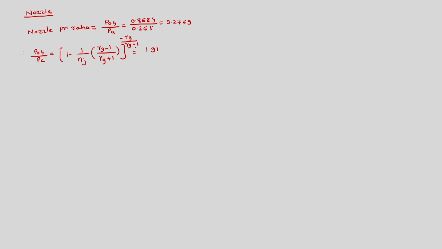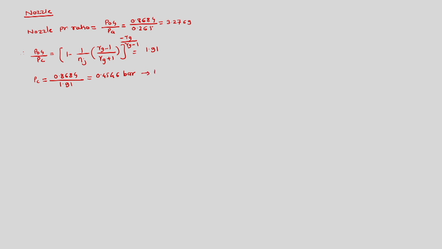We can compare these two ratios and then find out whether it is choked, but before that we can also do the calculation for Pc. It is 0.8684 divided by 1.91, so it is 0.4546 bar.